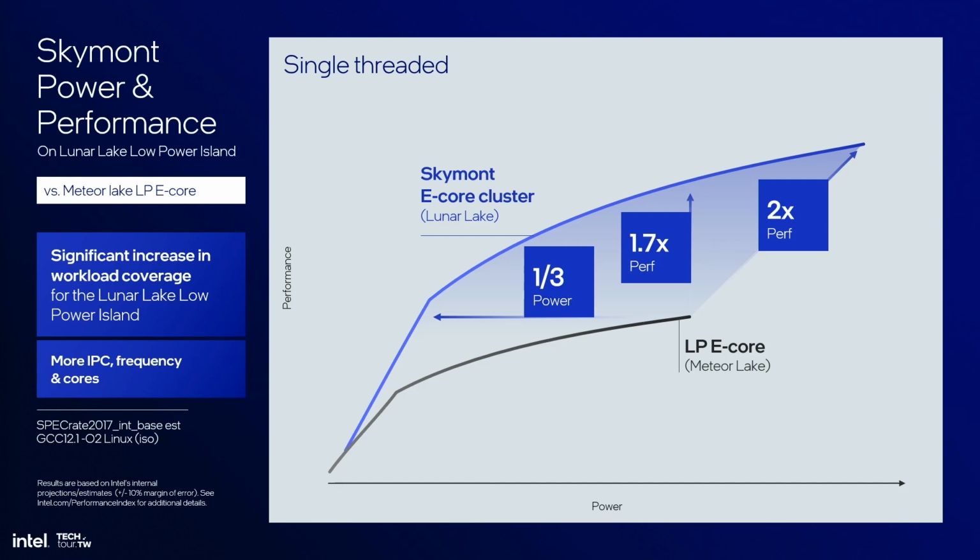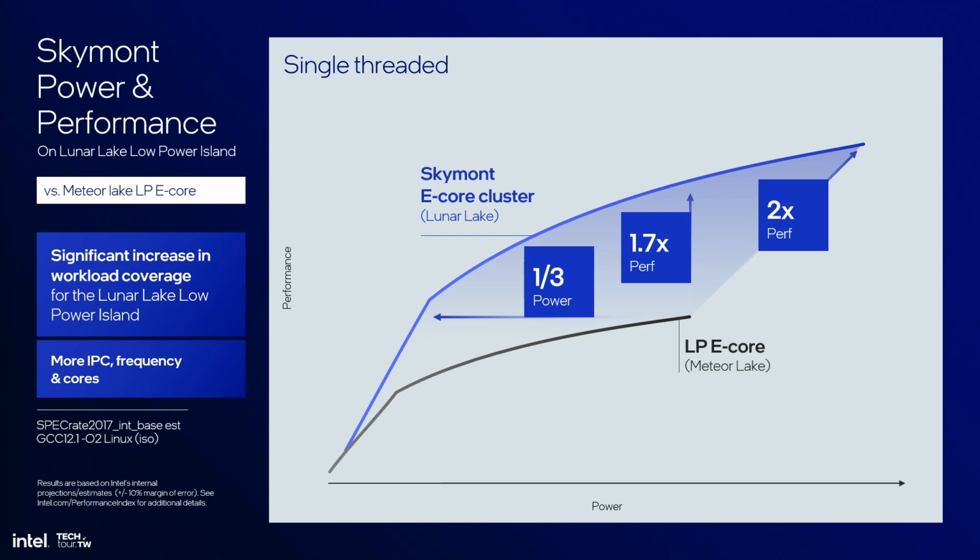One third the power at the same peak performance of the previous generation. So at the full frequency that we chose to run that at, it's one third, 0.3, two thirds less power. At the same power level, 1.7x the performance.